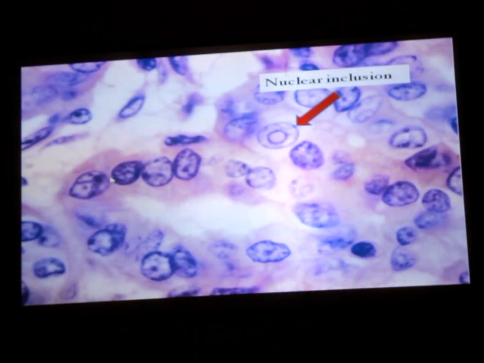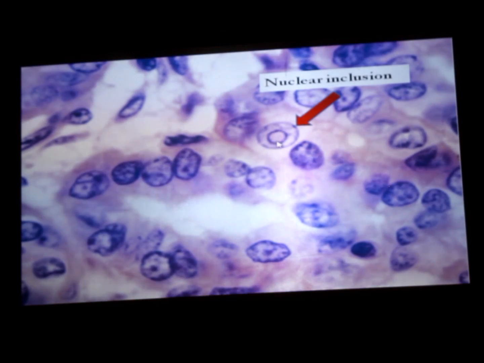So this appearance is known as orphan Annie eye nucleus. This type of nuclei is seen in papillary carcinoma. The moment you see such clearing of the chromatin like this, nucleus without any substance, think about papillary carcinoma of thyroid.